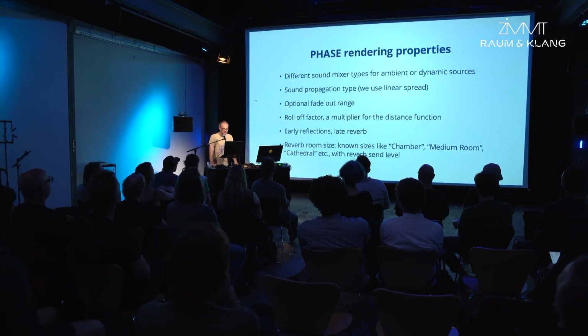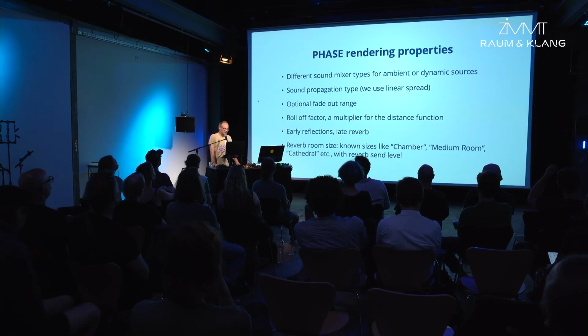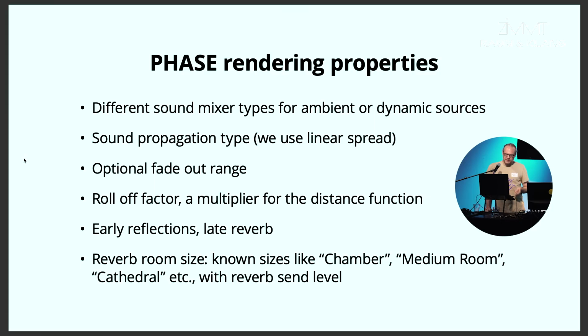So here are some properties. It has different sound mixer types, so basically three. One is just basically a channel mixer that can render the audio that you give it in stereo or mono. That's for narration or whatever. You can have ambient mixers for like sound beds.